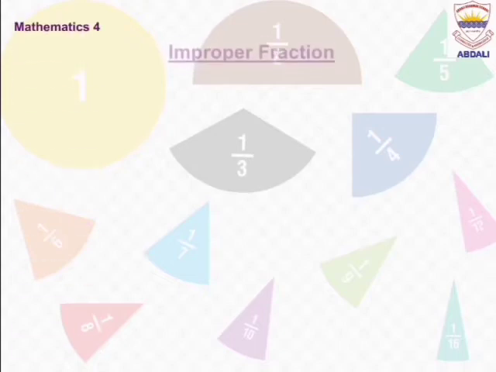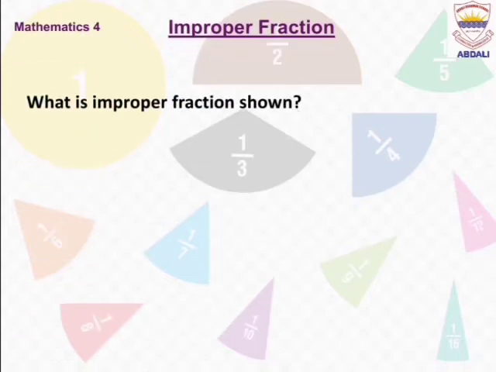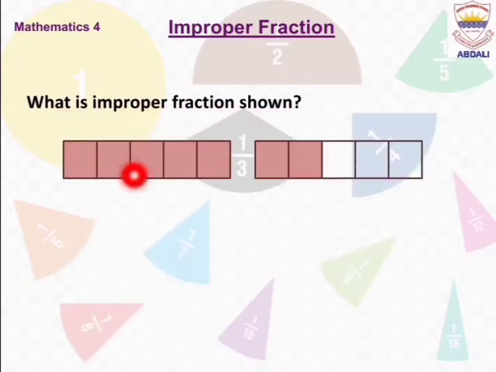Now students, let's take another example of showing an improper fraction. Here 2 diagrams are given, and each diagram is divided into 5 parts. In the first diagram all the 5 parts are colored, and in the last only 2 parts are colored. Now how many colored parts are there?